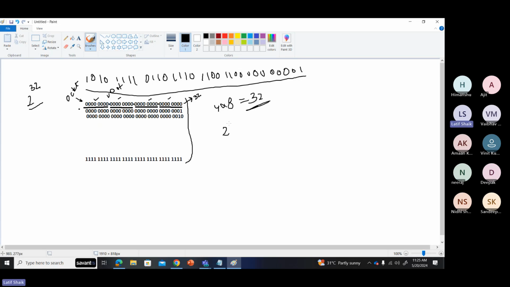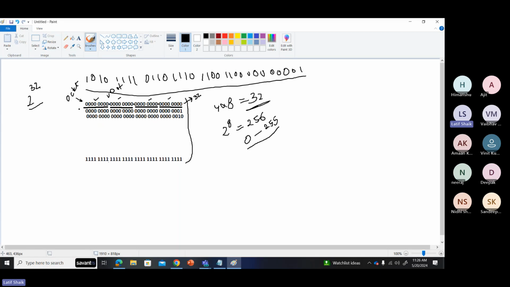So 2 to the power of 8 is 256, which means the highest number is 255. Each octet ranges from 0 to 255.